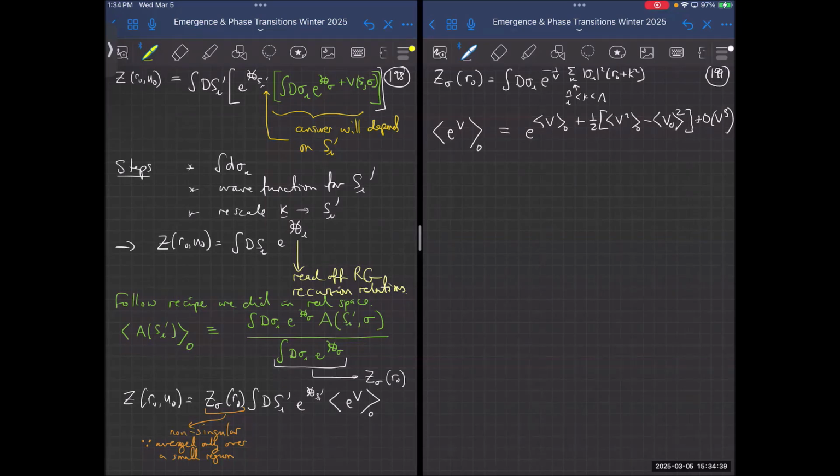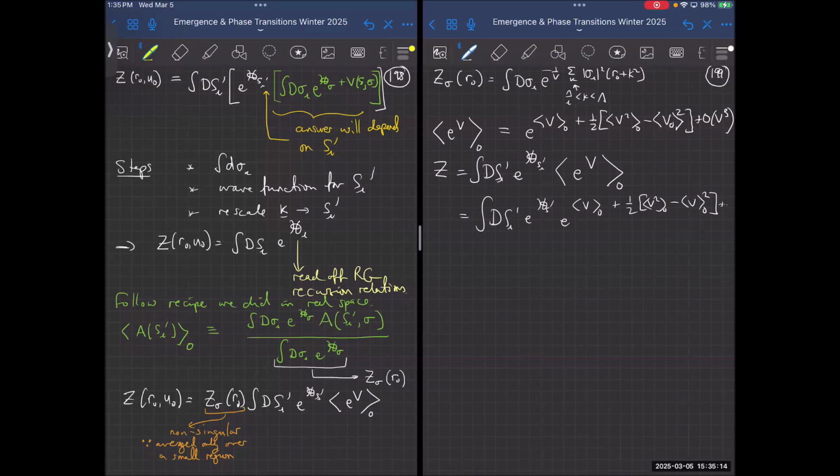And so that means that our partition function is going to be the integral dS_L' e^{H for the long wavelength degrees of freedom} times e^V, which is going to equal the integral dS_L' e^{H[S_L']} e^{expectation of V plus 1/2 (<V^2> minus <V>^2) plus higher order terms}.